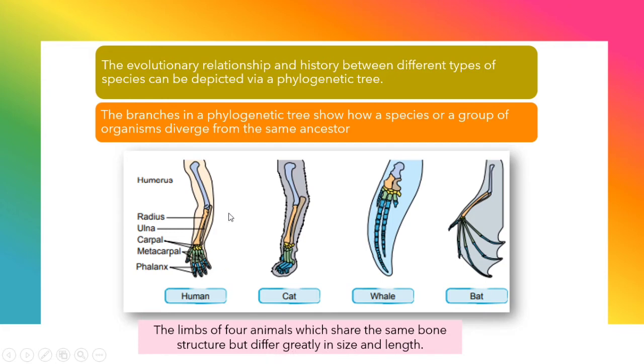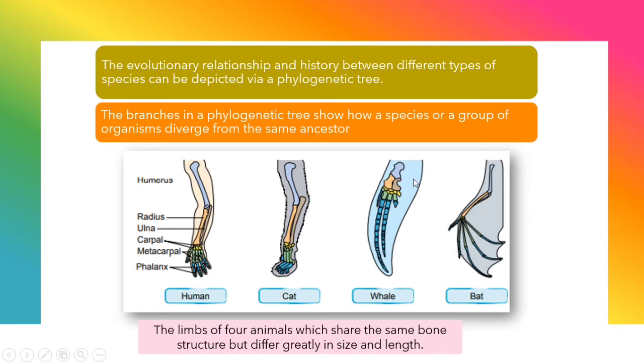We can see the structure of the upper limb of the human. The bone colored in blue is the humerus. The humerus of the cat is a different size compared to the human, and this is the humerus of the whale, which is smaller.